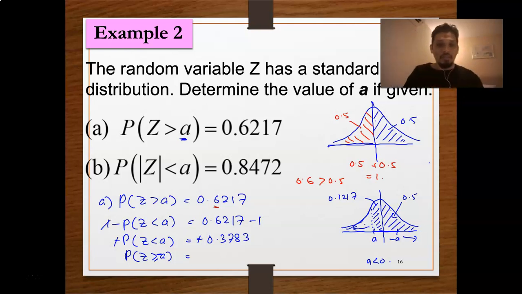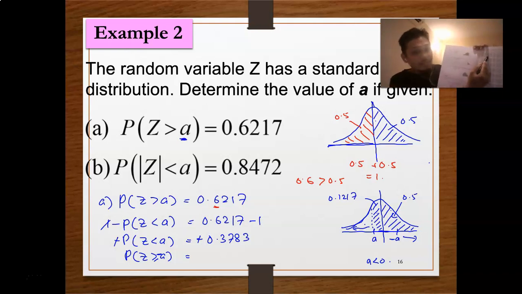So 0.3783. Class, I found it here. It is at the intersection of 0.3 on the left side and 0.01 on the top, meaning it is 0.31.